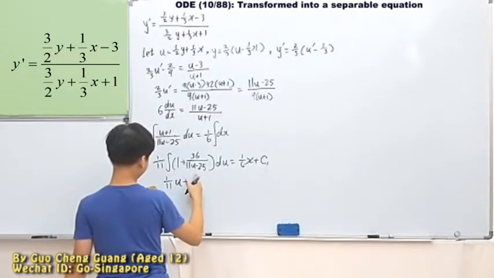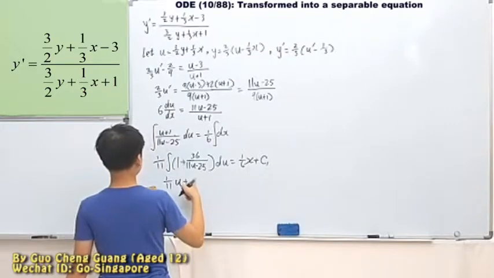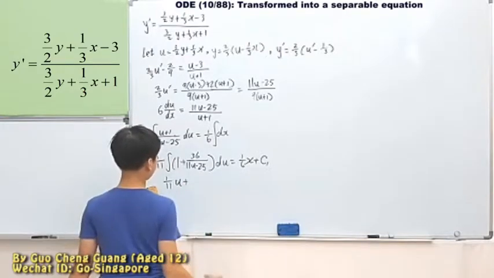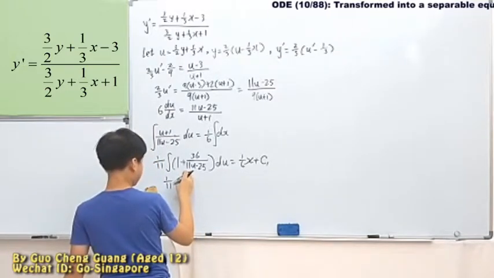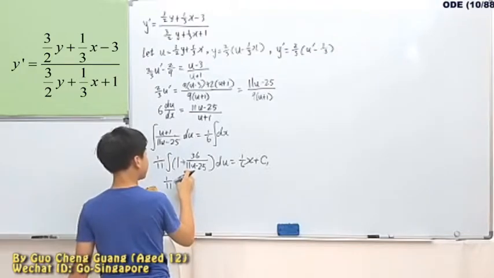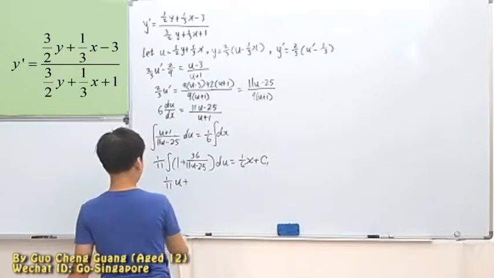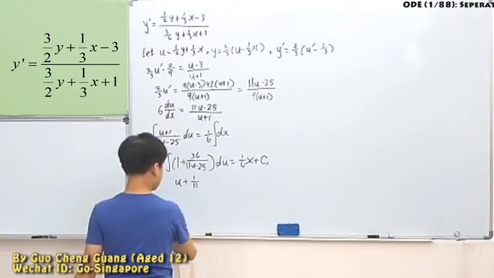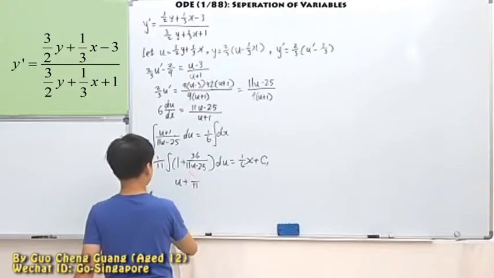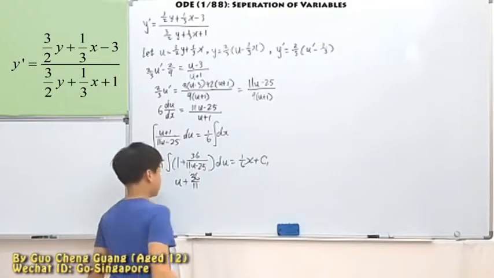Then here you see this 11, so you have another 11. Why not just multiply both sides by one of these 11, so here you only need 11 and you don't need to write all those 1 over 11. And up here is 36.